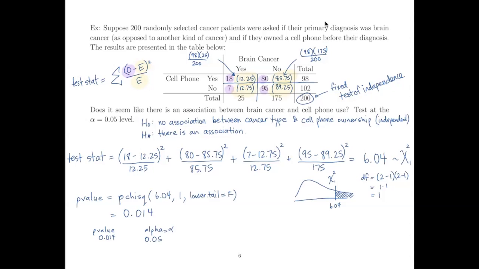Obviously our p-value is smaller, which means that we are going to reject H0. We have significant evidence here for the alternative. So let me just write that in words.